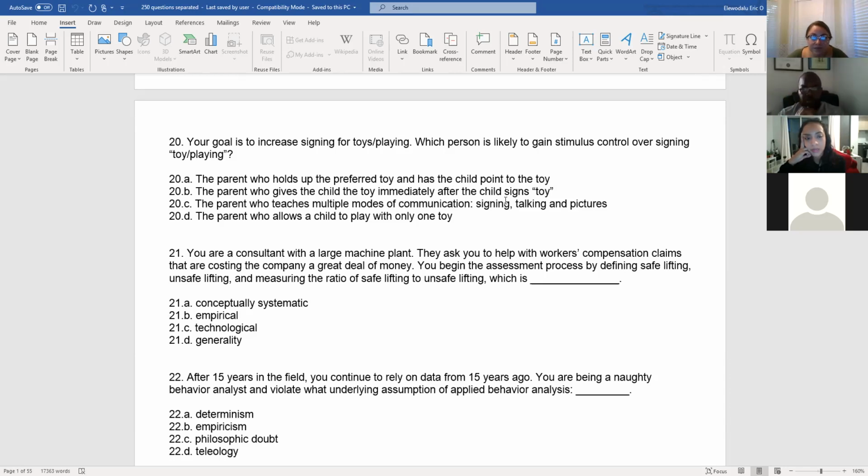I want to say B. Yeah, I was going to say B too, because she reinforced the signing immediately, so the tendency of the signing happening in the future is high.